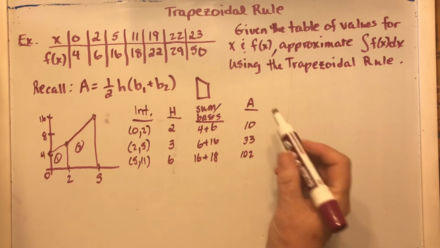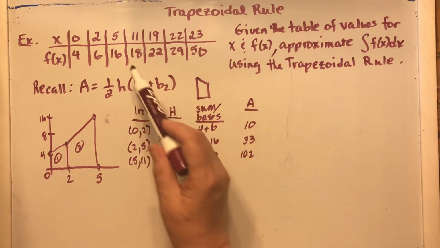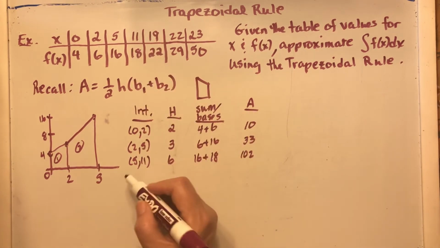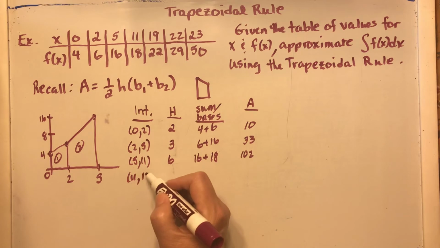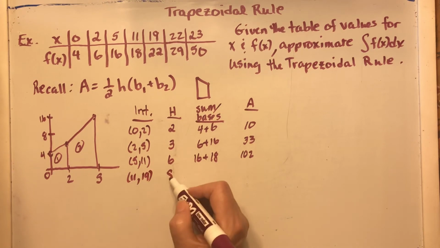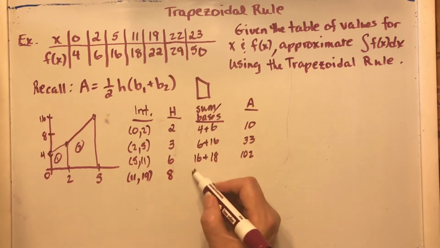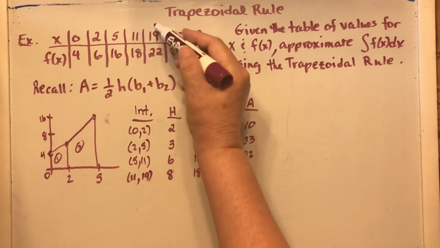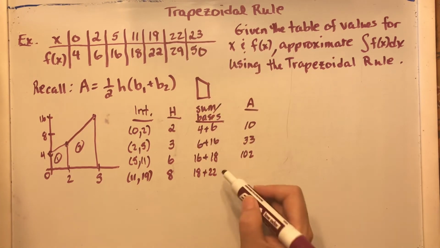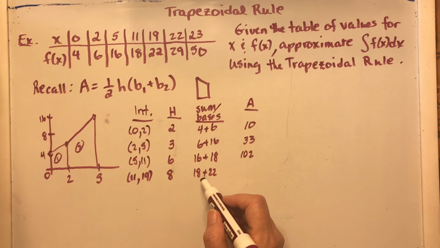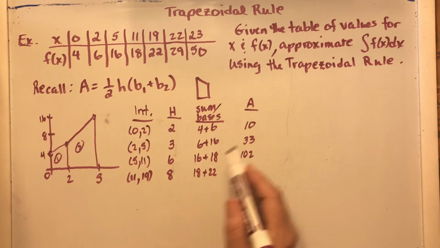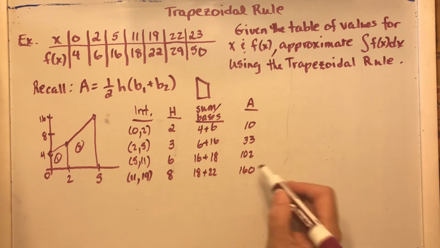If you don't believe me, do it on your calculator. Our next interval is from 11 to 19. That distance is 8. Our y value at 11 is 18. That becomes one base. Our y value at 19 is 22. 1/2 of 8 times 40 is going to be 160.